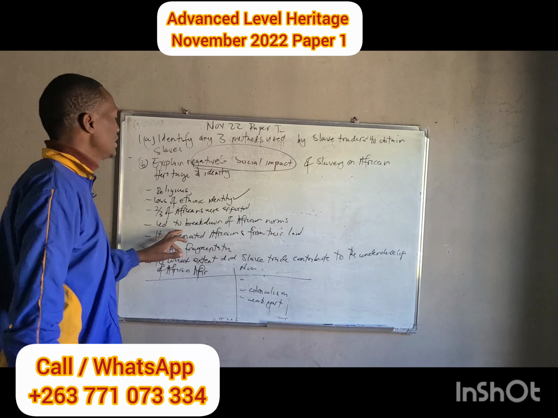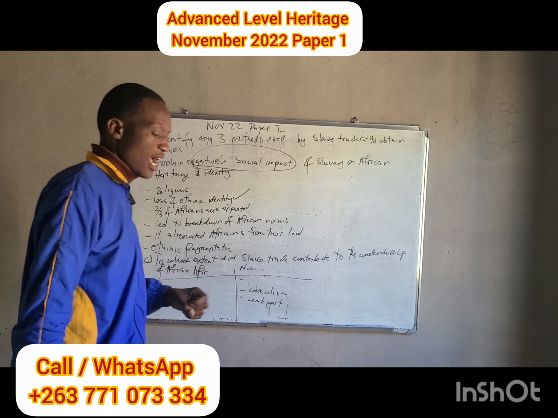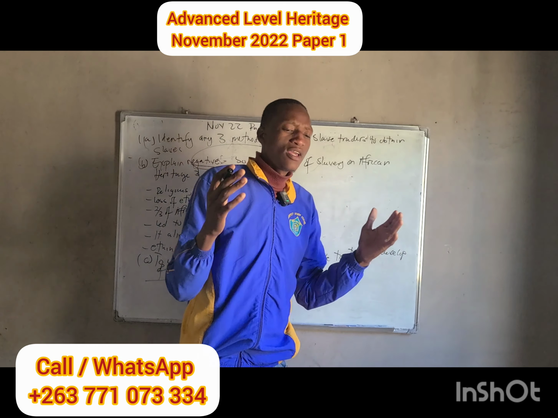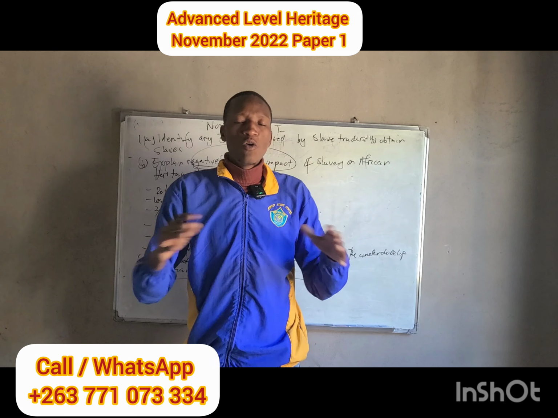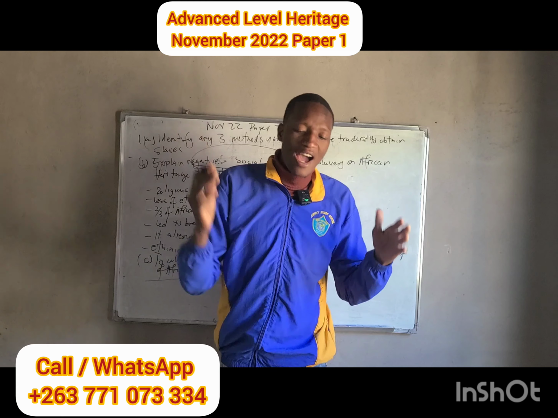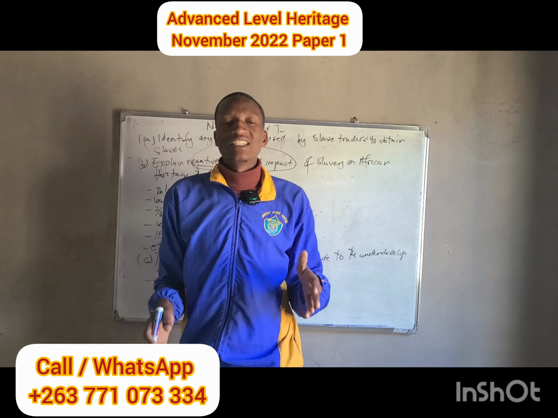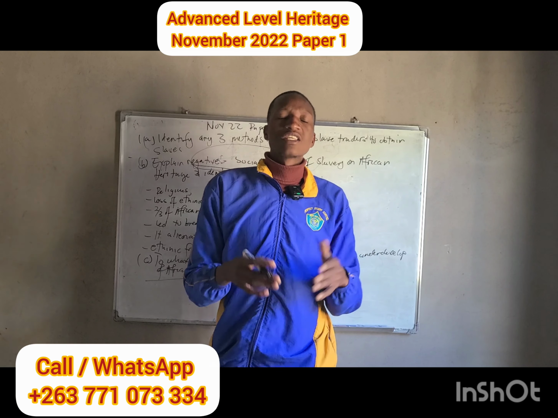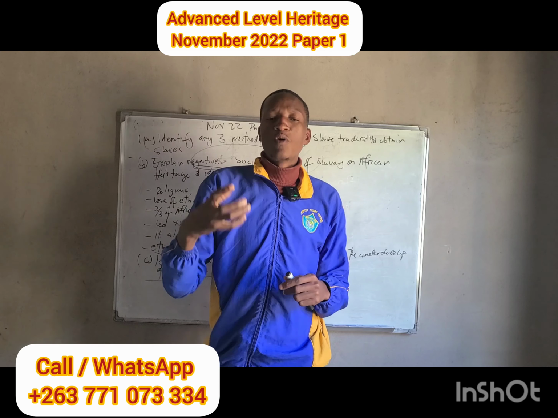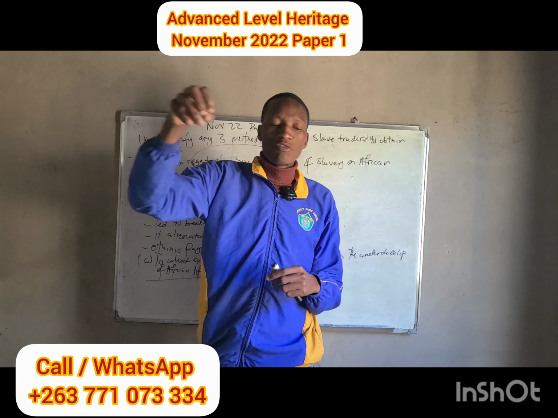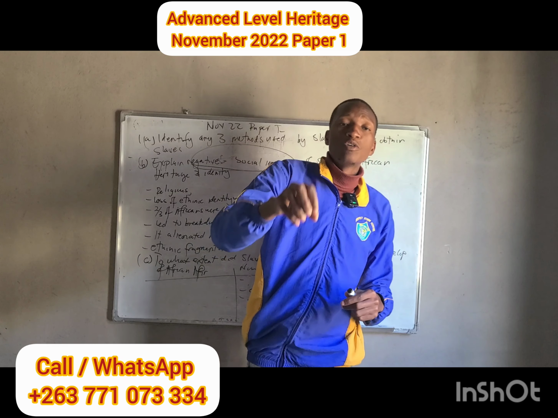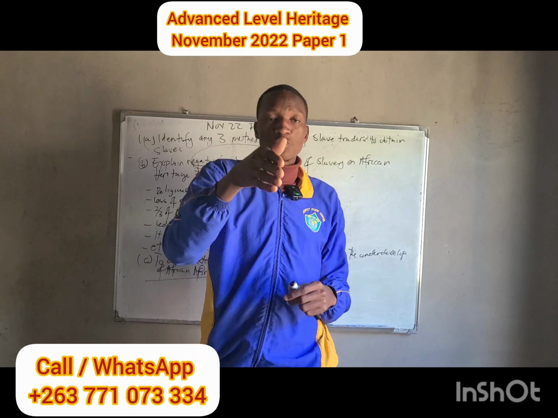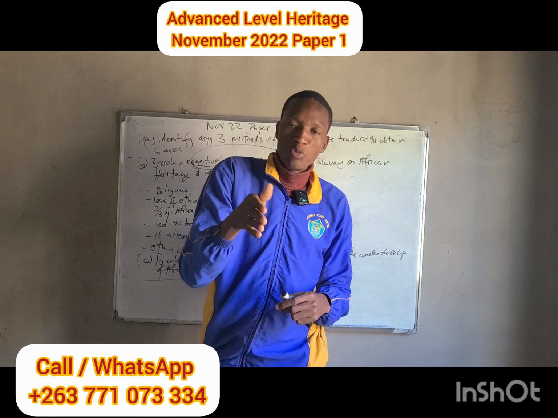Furthermore, it led to the breakdown of African norms. African norms and values were disintegrated. They were no longer followed, because the Africans who were now in the slave trade were following the cultural norms and values of America, of Britain, and whatsoever, instead of following their Ubuntu cultures.